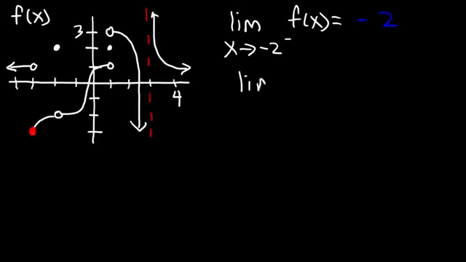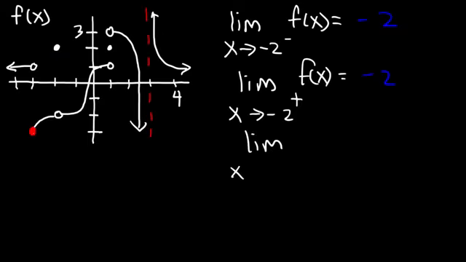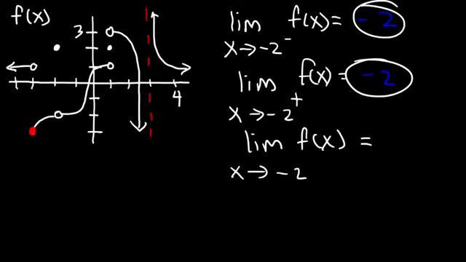So what is the limit as x approaches negative 2 from the right side? So this time, we want to approach the vertical line from the right, and it points to the same value, negative 2. So therefore, the limit as x approaches negative 2 from either side does exist, because these two, they match. So therefore, it's going to be negative 2.